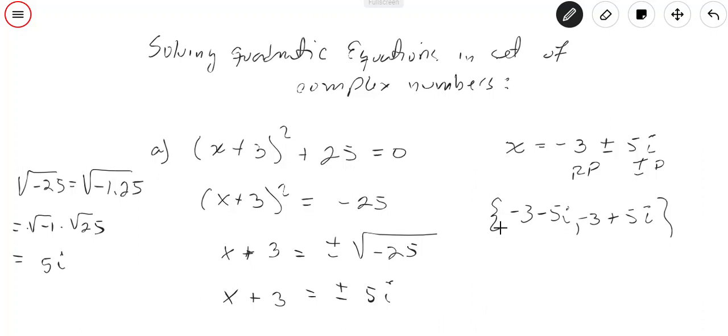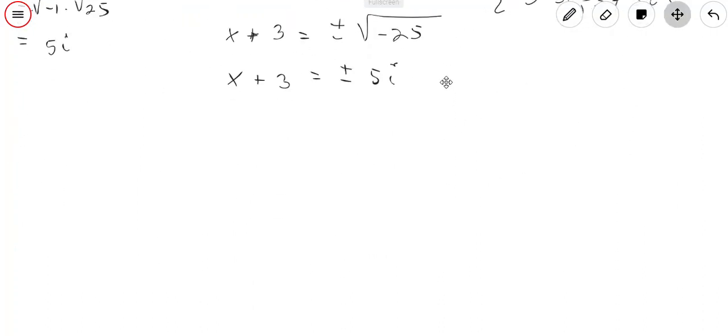I can solve one more by using the quadratic formula, for example. So let me show you one case using the quadratic formula. Let me say 7x squared plus 2x plus 1 equals 0.